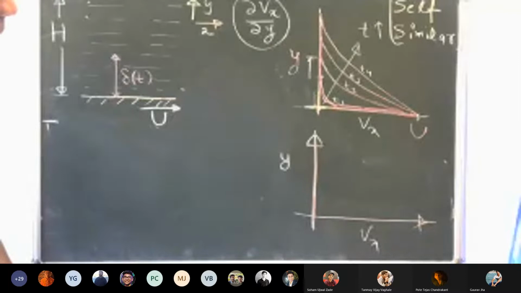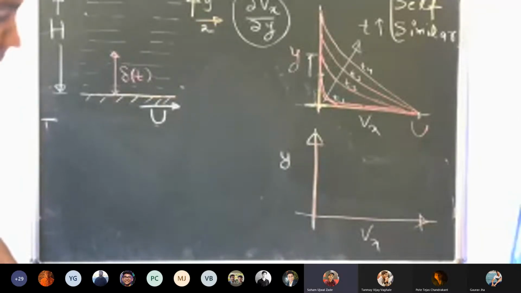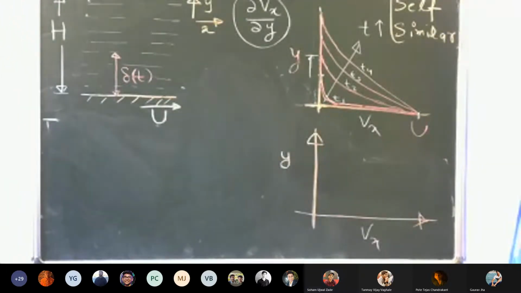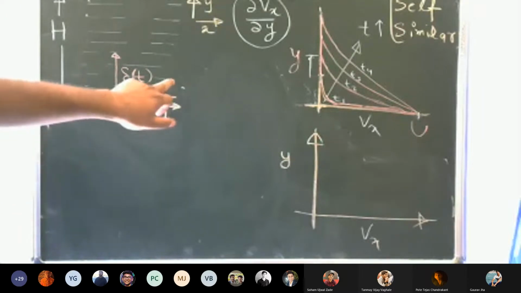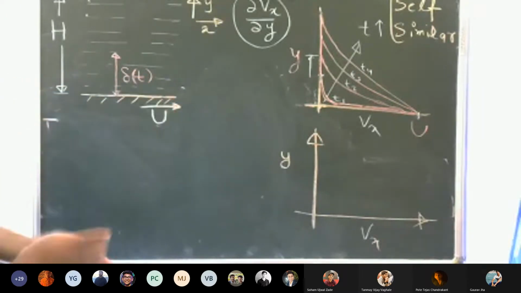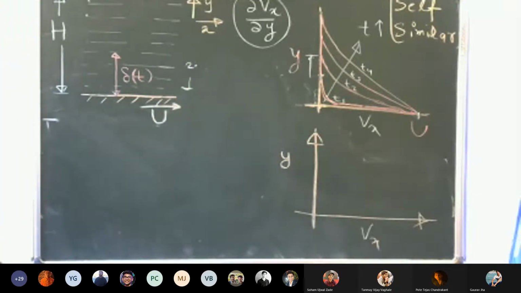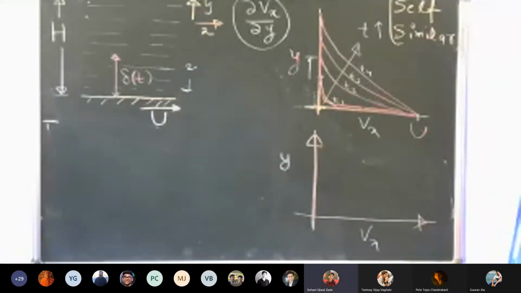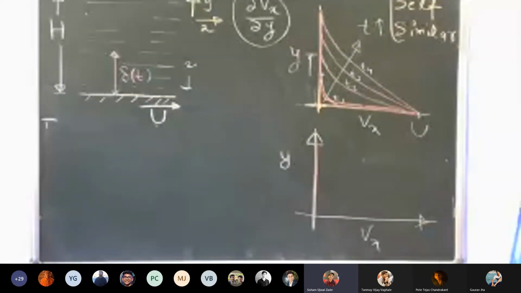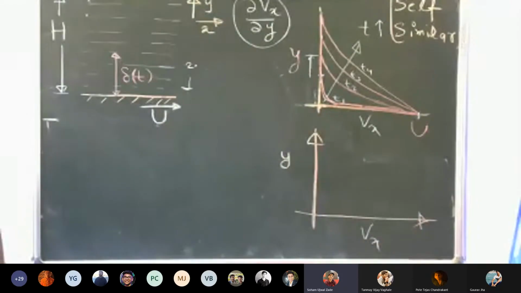So, any idea? I'll give you a hint. Whatever will happen, let's say at layer 1, the same thing is going to happen sometime at layer 2. So what we should do with Vx? Do we have to merge these two plots?